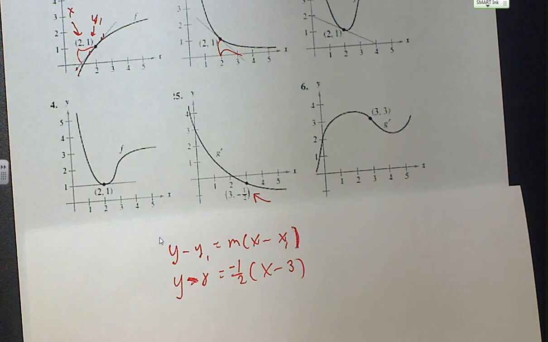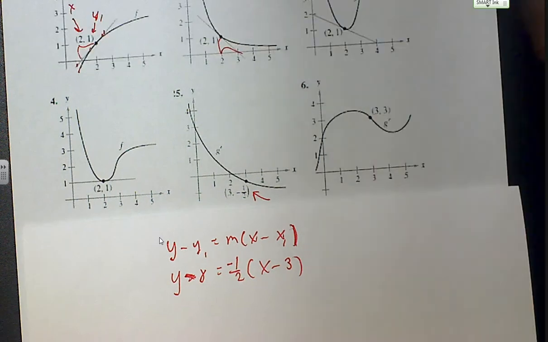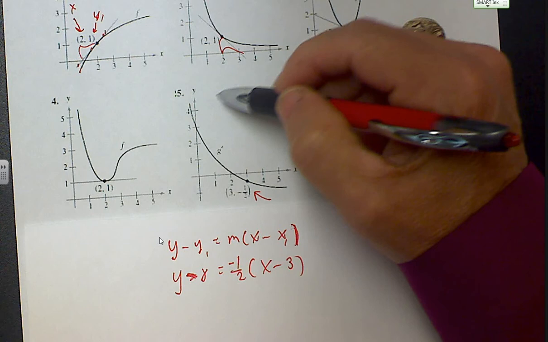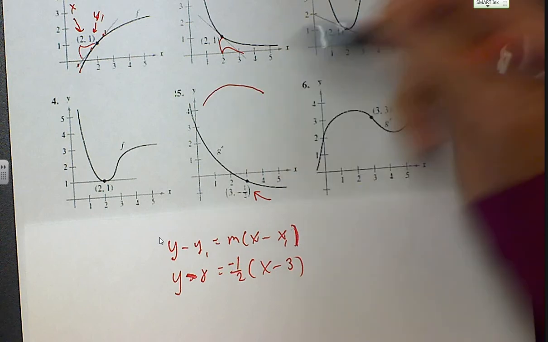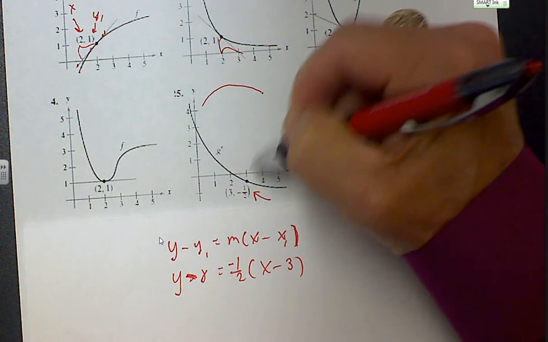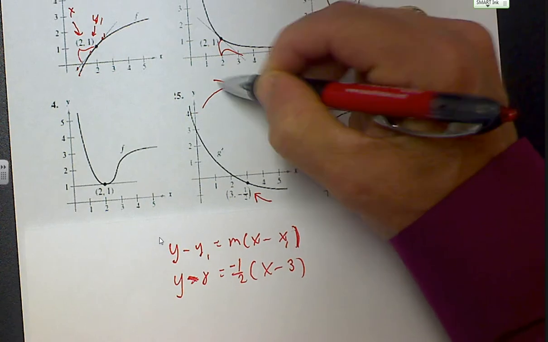You've got some parent function out in the universe somewhere that looks maybe something like this. Okay? And the question is, what is the slope of that tangent line right there.